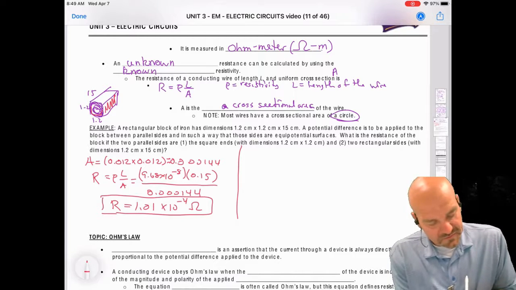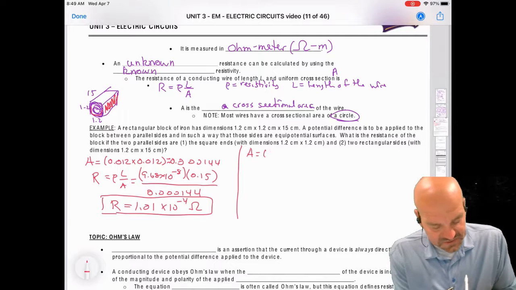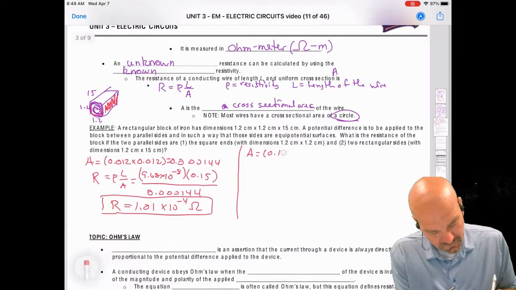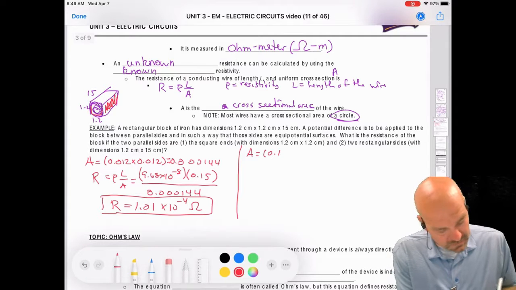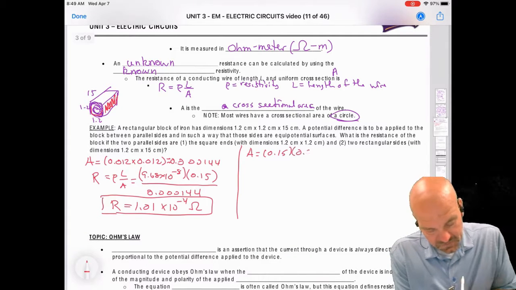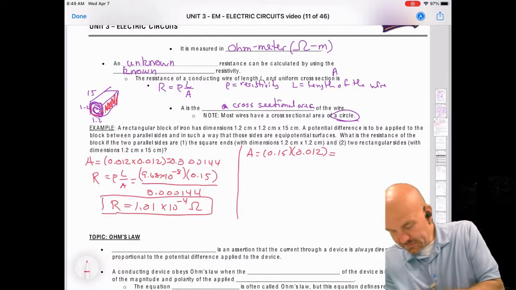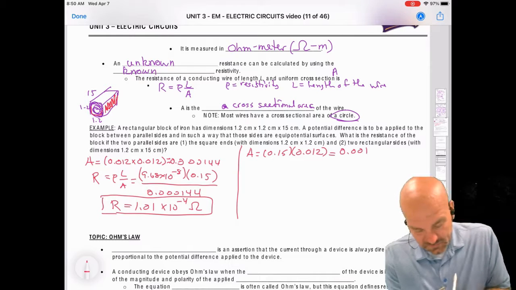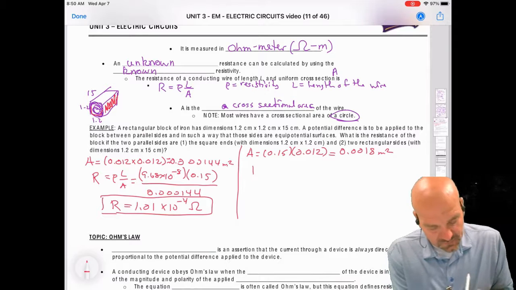Now let's do it through the rectangular sides. The rectangular sides are going to have dimensions of 0.15 by 0.012. Again, I plugged it all into the calculator, and so we're going to say 0.0018 square meters.